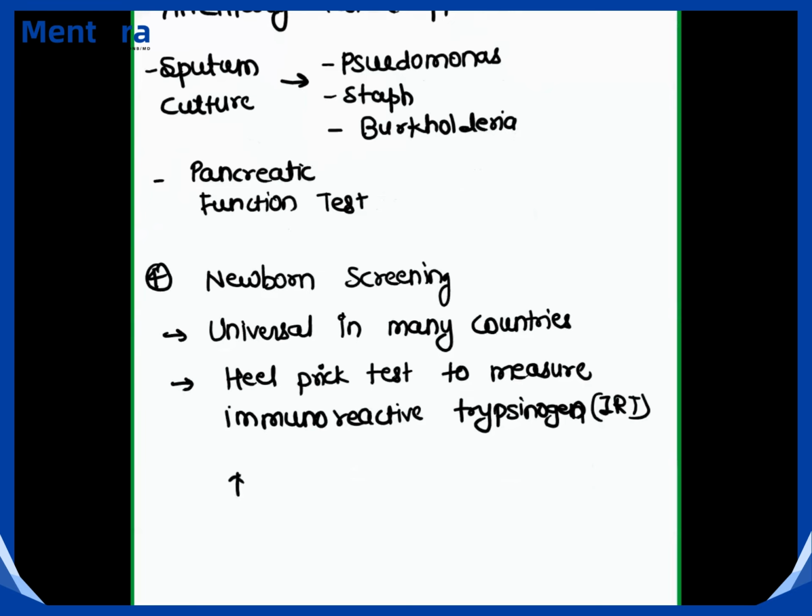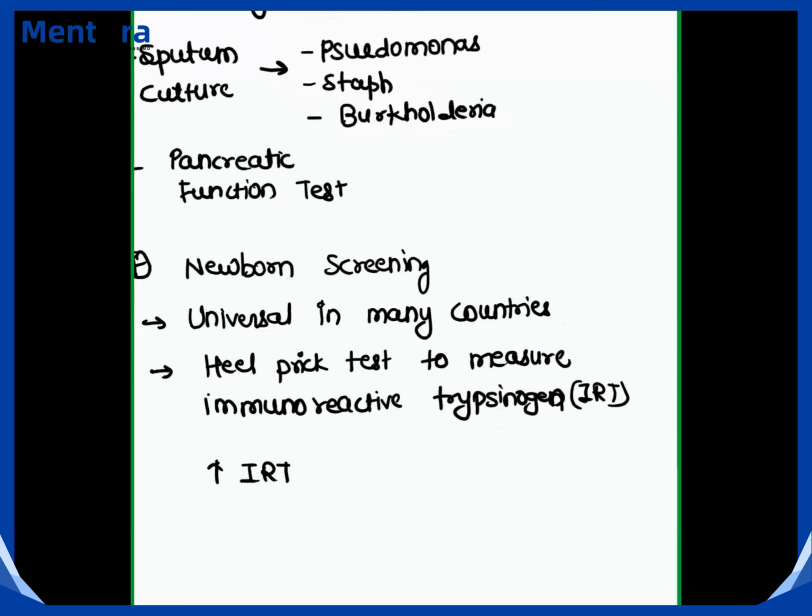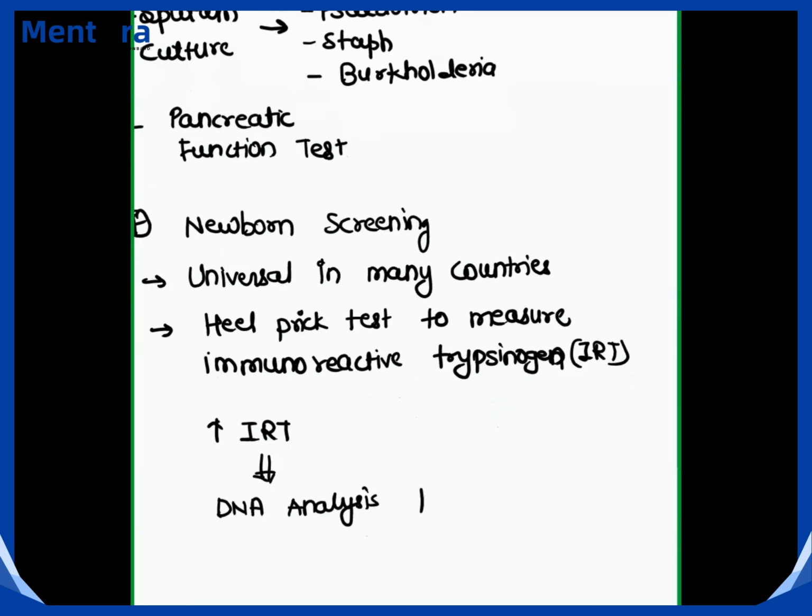So if there is an increase in immunoreactive trypsinogen, the next step is to do DNA analysis to detect the cystic fibrosis gene mutation to confirm cystic fibrosis.